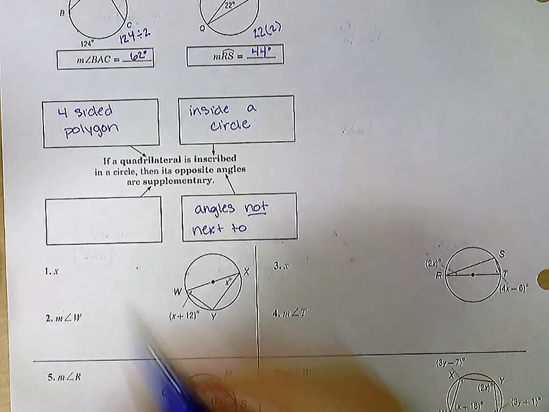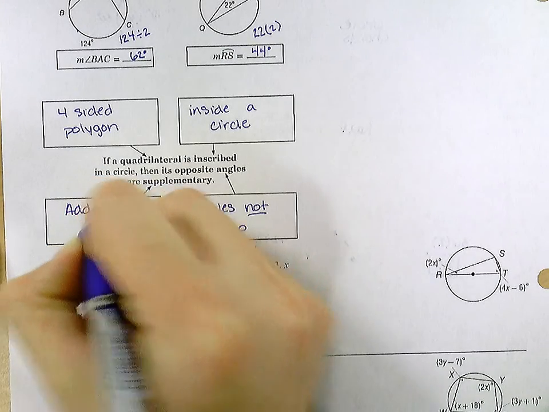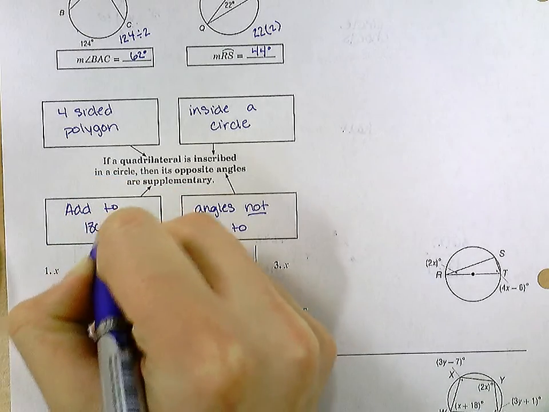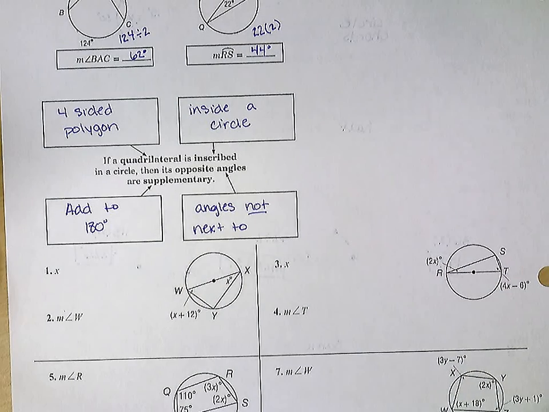Adds to 180. Okay, so if we have a four-sided polygon inside of a circle, then the angles that are across from each other or not next to each other have to add to 180 degrees. Okay, that's what that property is saying.